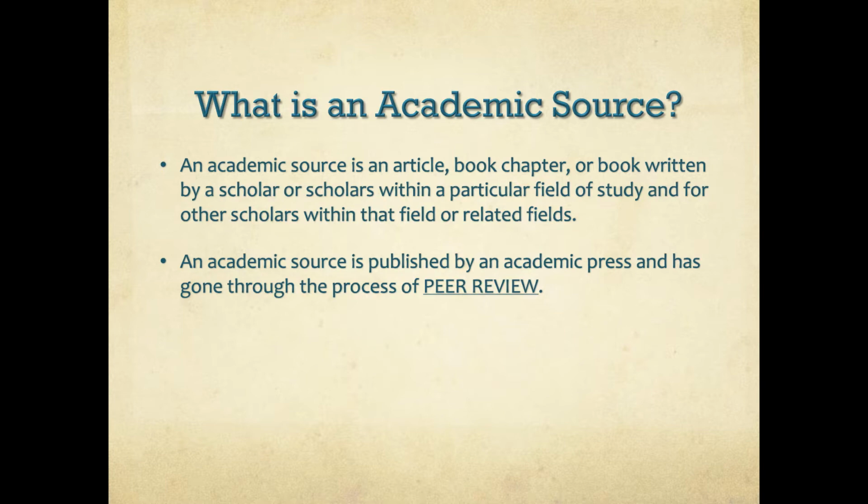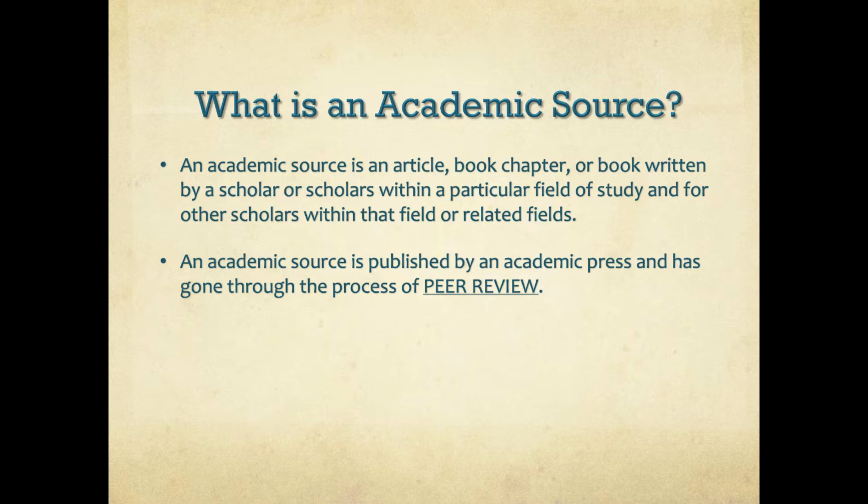So in this case, peer review means that anything that gets published by an academic press is sent out by the editor to other scholars within that field of study, and they review it very carefully to make sure that it meets all the standards for publication within that academic field.